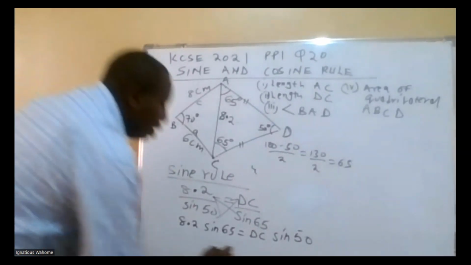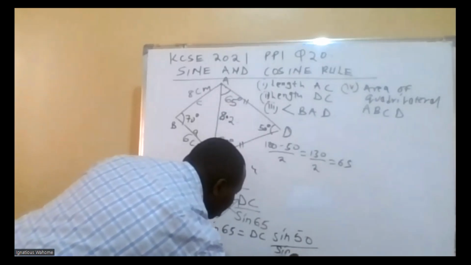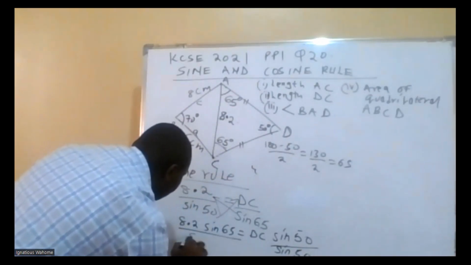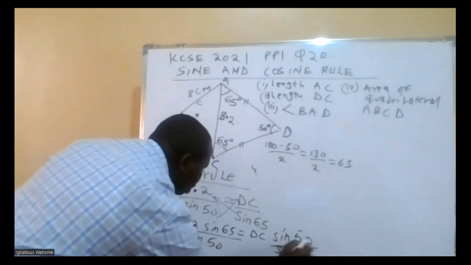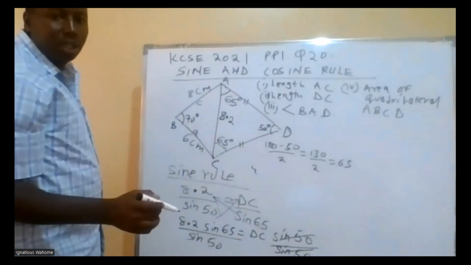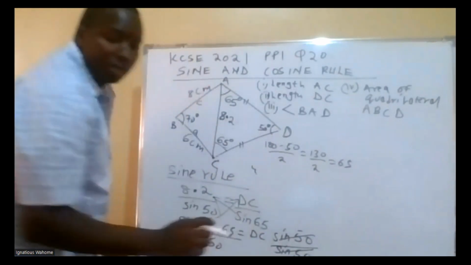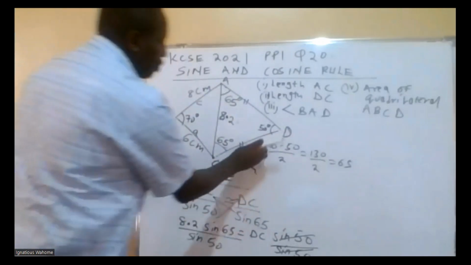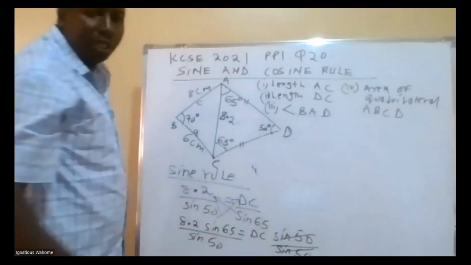So for you to get DC, divide both sides by sine 50. You get that? So what is your DC?